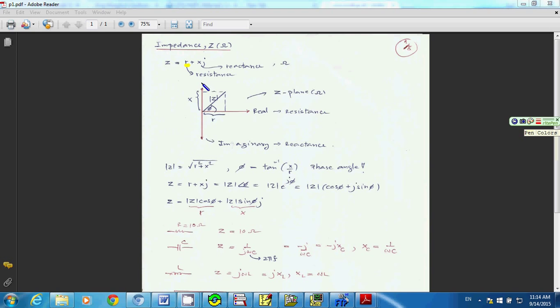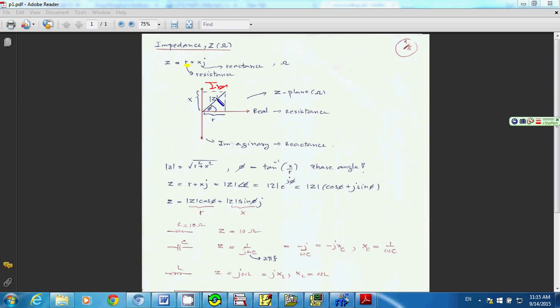And then on the axis, this is the real part, and the top one here is actually imaginary part. And if you do the projection on the x-axis, or the real one, that's going to give you a resistance, and on the y-axis it's going to give you a reactance.